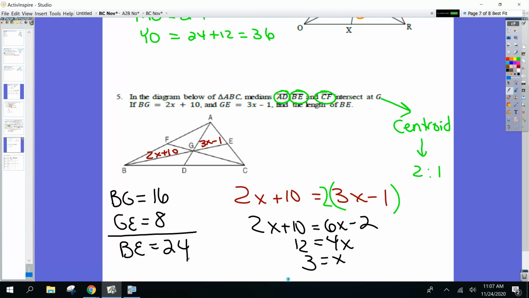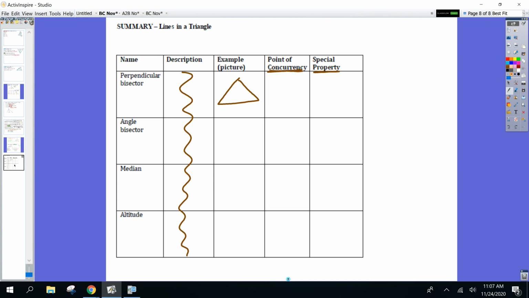Last thing. I'm not going to fill this out. This chart I gave you is for your benefit, to keep track of all this vocabulary. First, you could put a line through description. I'm not concerned that you can write out in words what each of those 4 are, but can you draw a picture of one? Where do all of them meet?